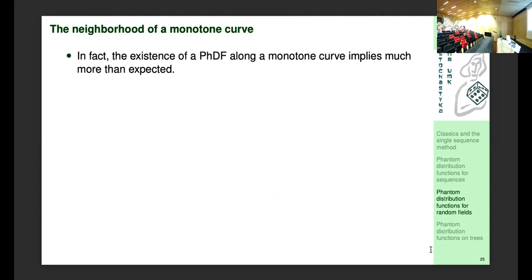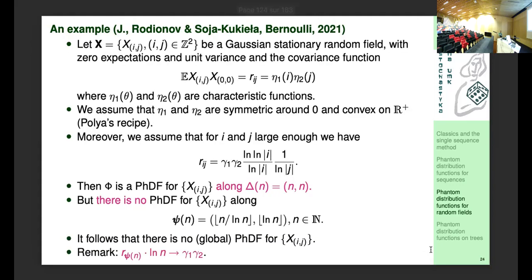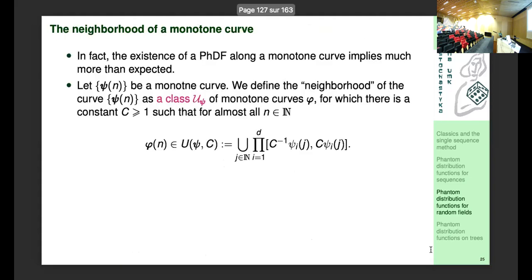In fact, and this is the content of this paper, if we are able to obtain such information, then we know much more than only the definition provides. And this is the result.